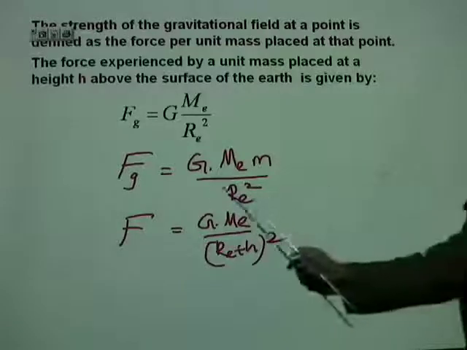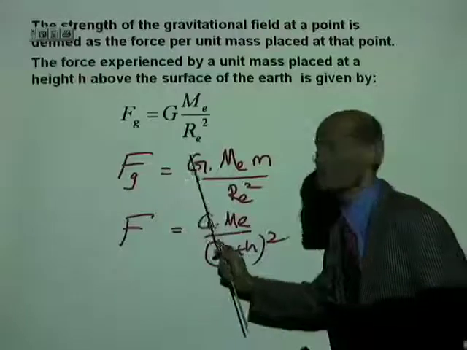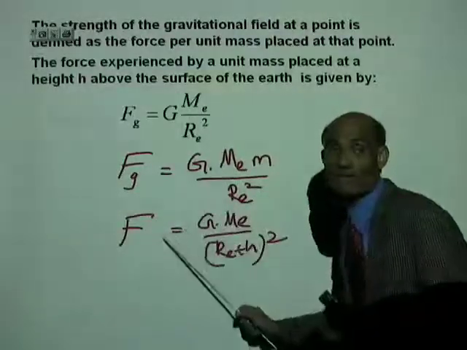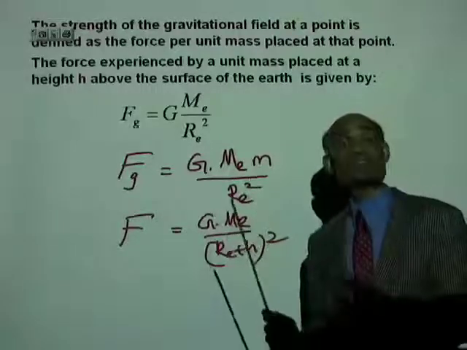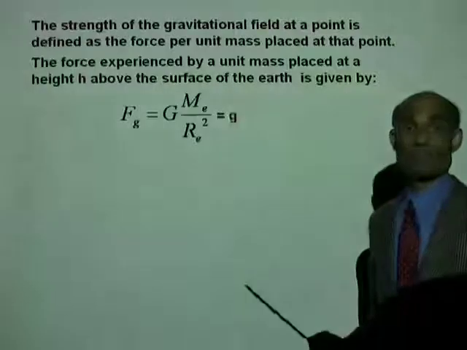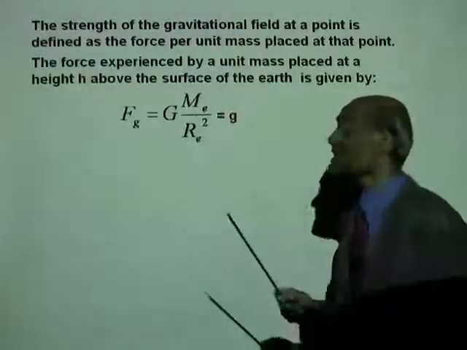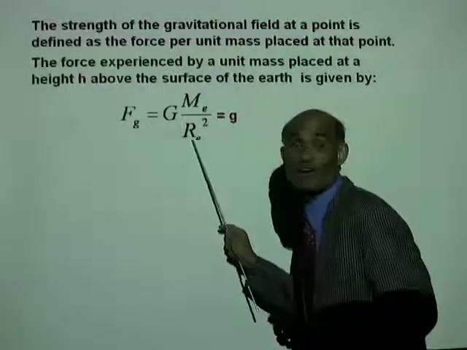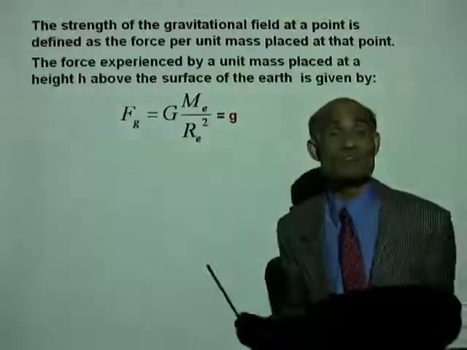So if this is the gravitational field on the surface of the earth, this quantity where m equals 1, then this will represent the gravitational field at a height h above the surface. Alright, and this is equal to g, is that right? Because G Me over Re squared is what is called acceleration due to gravity.